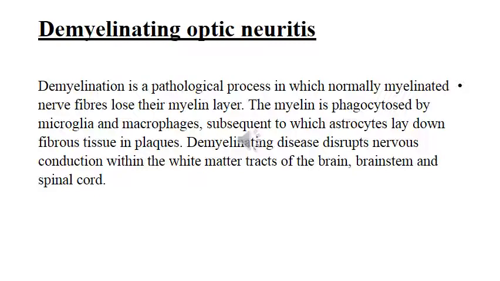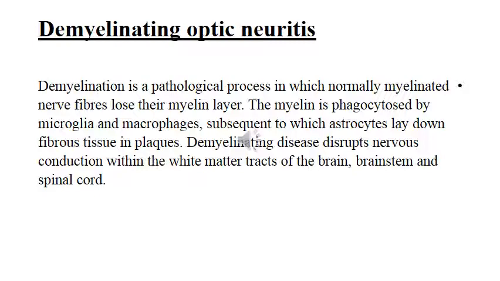Demyelination is a pathological process in which the myelinated nerve fibers lose their myelin sheath through phagocytosis, subsequent to which astrocytes will lay down fibrous tissue instead of myelin sheath.